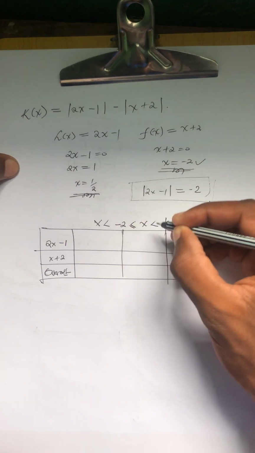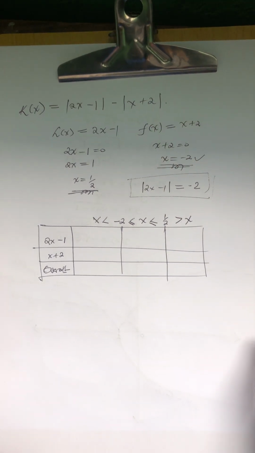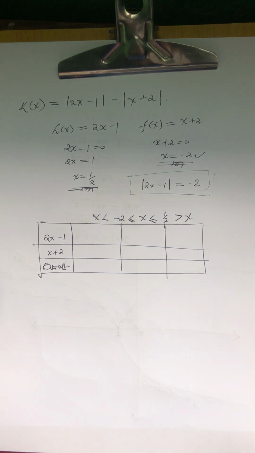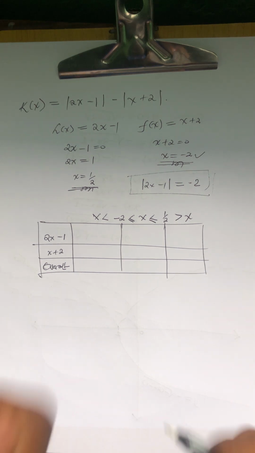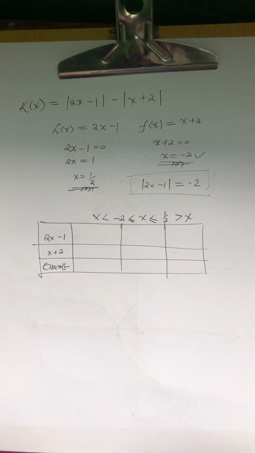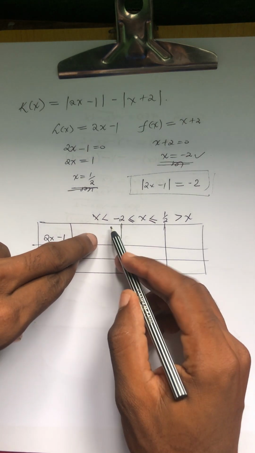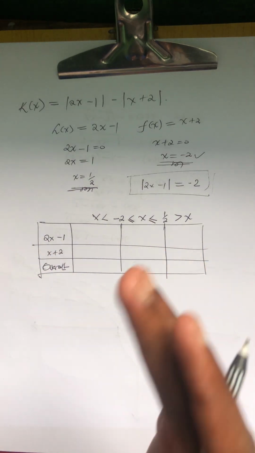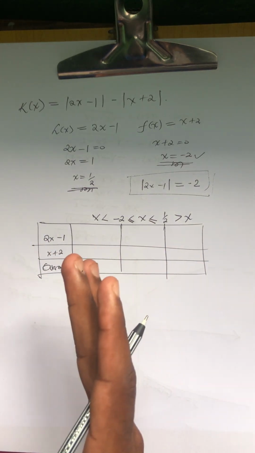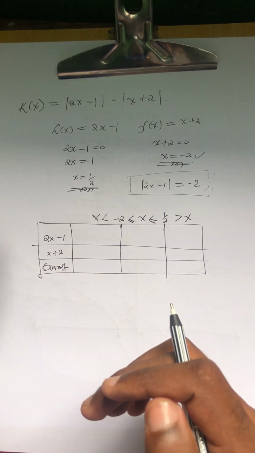Alright. Then we want to see the behavior of the graph and eliminate where the negatives are, so that we just remain with the positive, because the modulus is always a positive thing. So here, where x is less than -2, what are numbers which are less than negative 2?